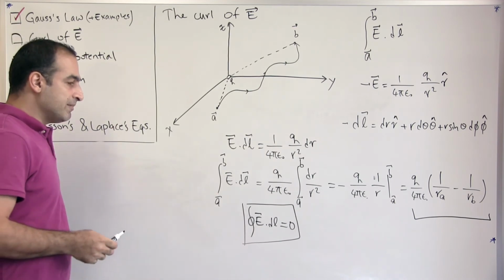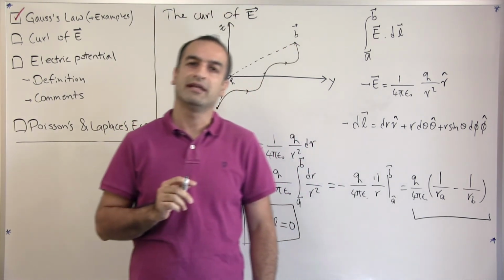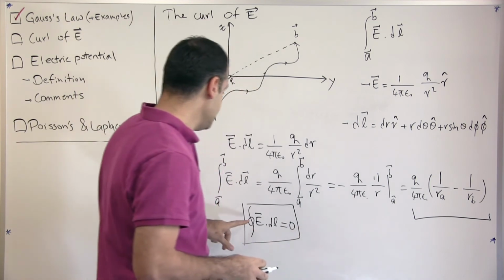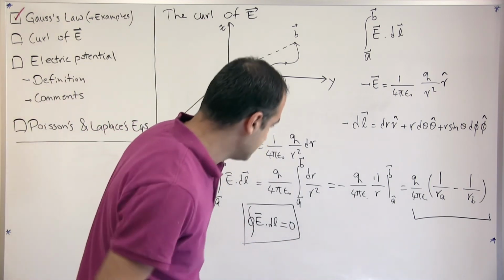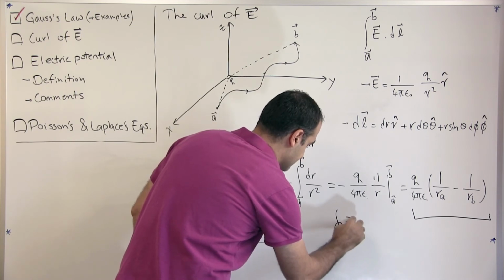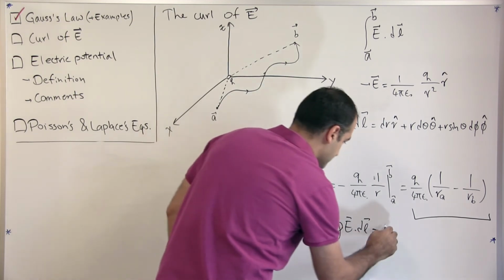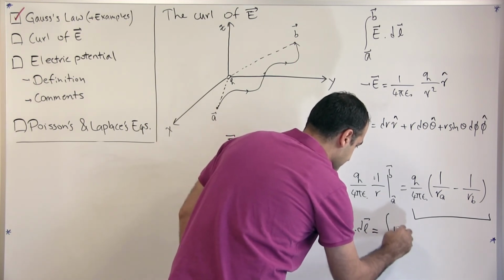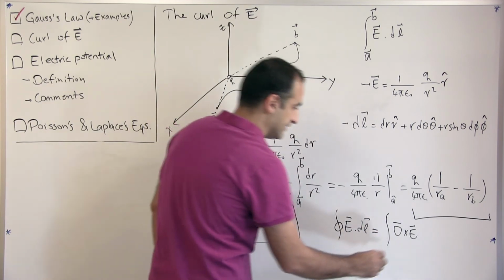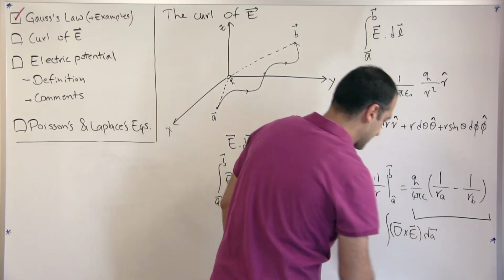Now, if we go back to what we discussed in chapter 1, and look at Stokes theorem, it says that for any vector function, the integral on a closed path should be equal to the integral of the curl of the function, in this case curl of E, over dA.